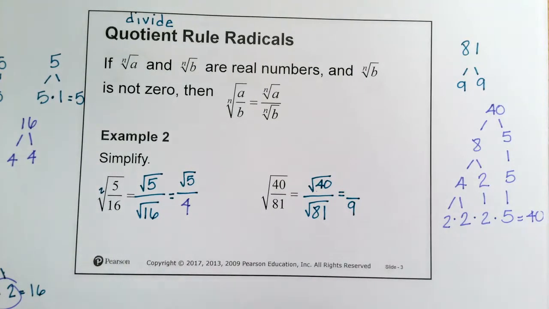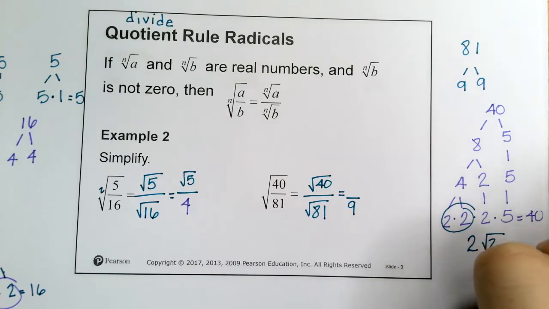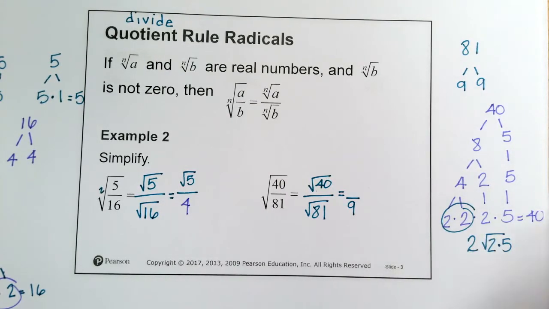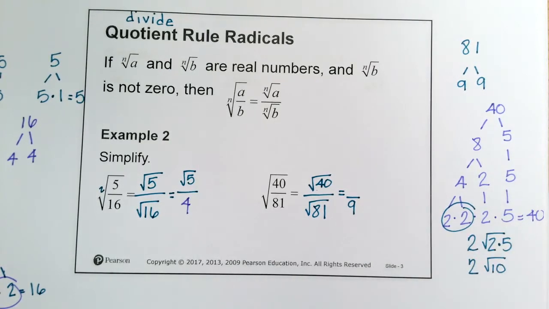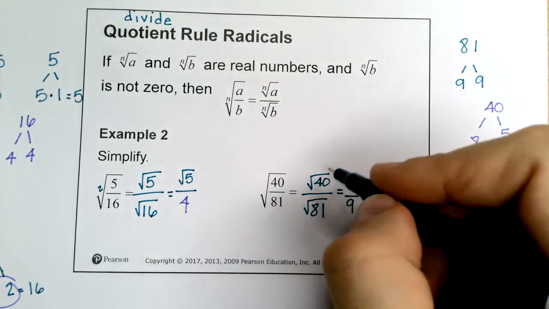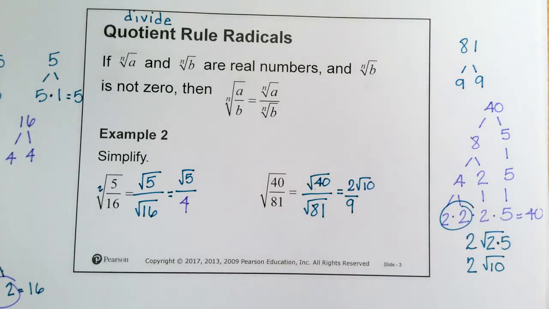So I can take a pair of 2s, pull it out, and leave everything else in there, which can also be 2 square root 10. So the square root of 40 can be rewritten as 2 square root 10.